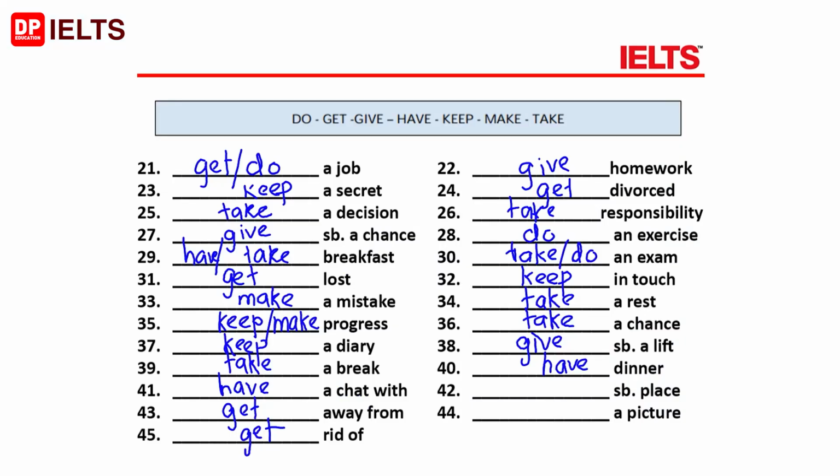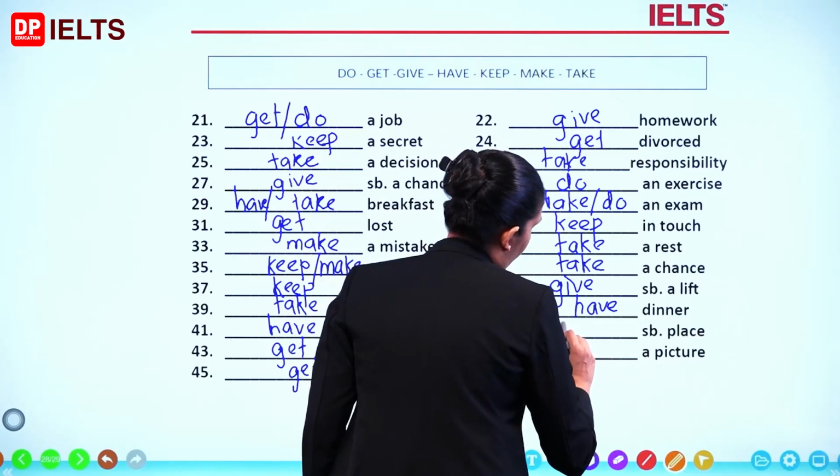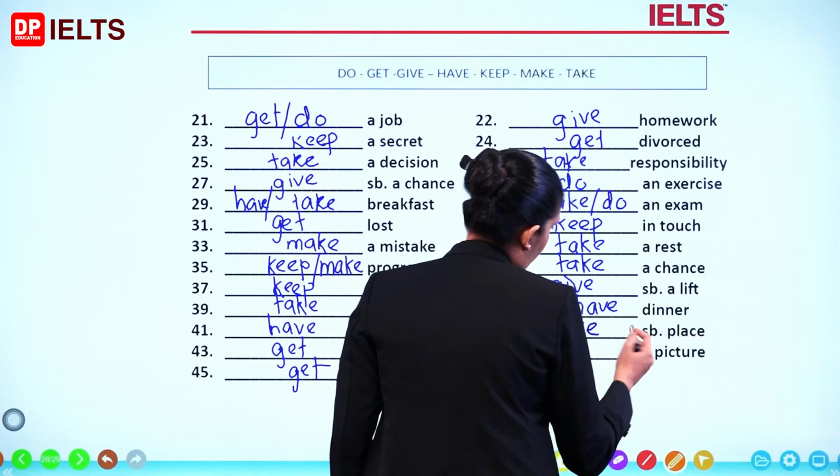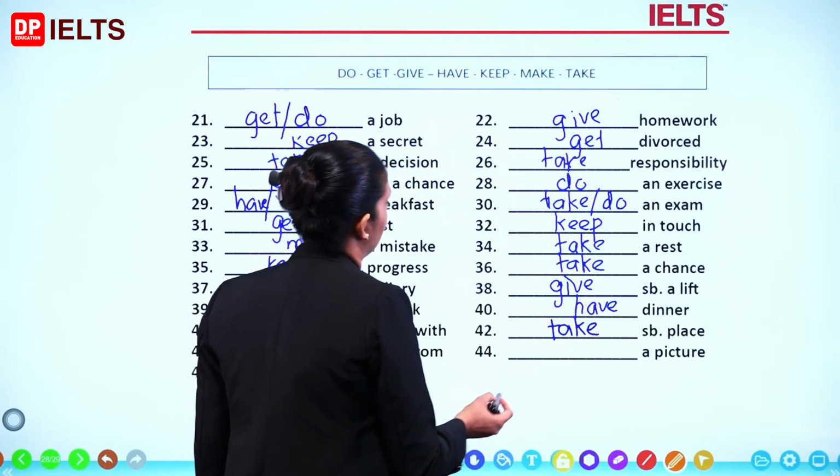So take subject to a place. You can say take her home, right? Take her to the hotel, so take, okay? Take a picture.